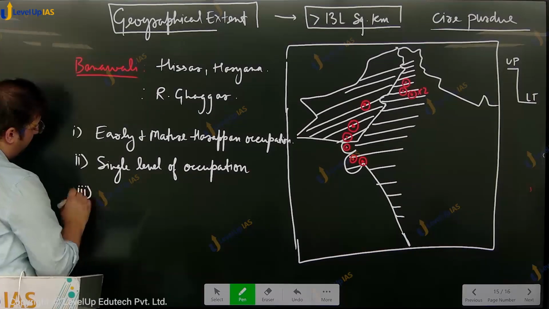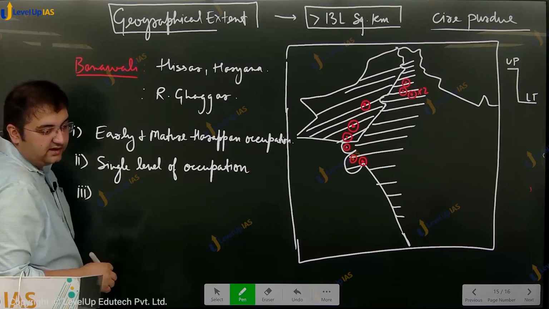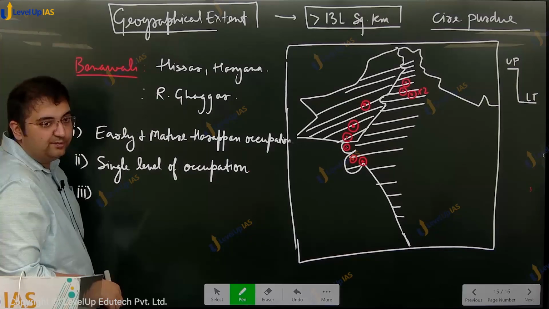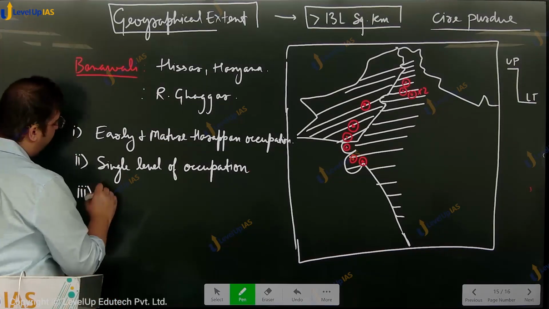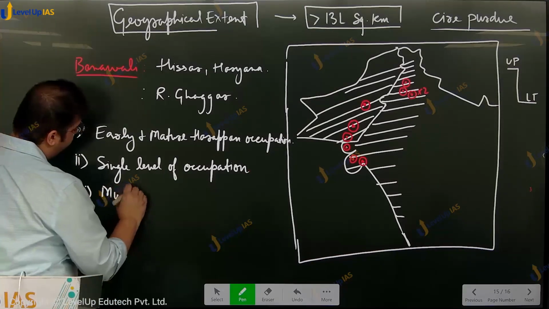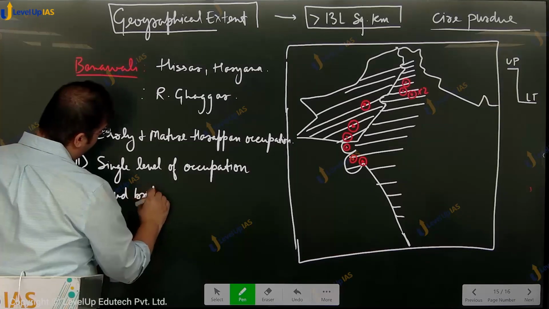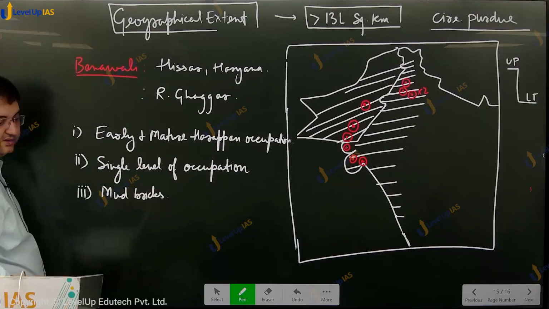Thirdly, unlike the other cities of the Harappan civilization, instead of burnt bricks, mud bricks exclusively were used for construction.